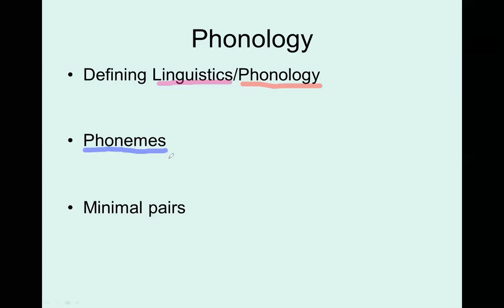Or you accidentally whistle while you're talking if you've lost some teeth. There's all sorts of sounds you can produce while you're talking. A phoneme is a very special one that you can use to differentiate words. And the way you find out whether a sound is a phoneme is whether you can find a minimal pair.